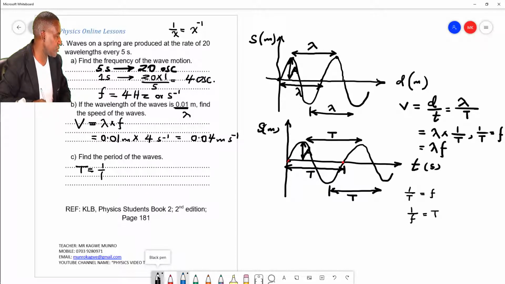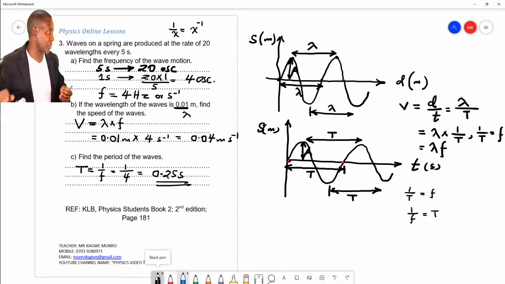T is going to be equal to 1 over f. The f is 4. Therefore, the periodic time is 0.25 seconds. And that question is just solved that easily.